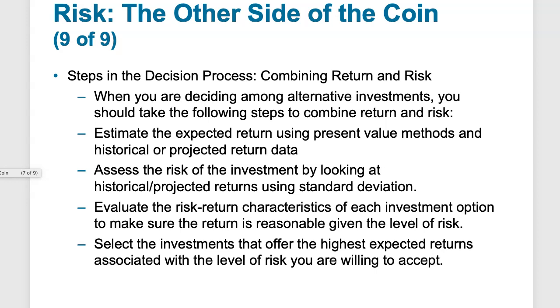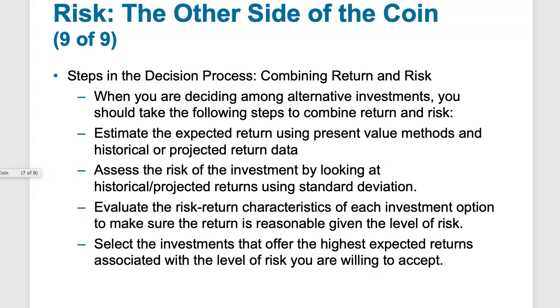So if you're deciding between what type of investment to make, bonds, stocks, options, real estate, here are some steps you should take to combine risk and return. You want to estimate a realistic expected return, using present value methods to project your return moving forward.